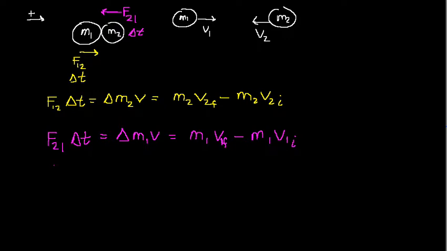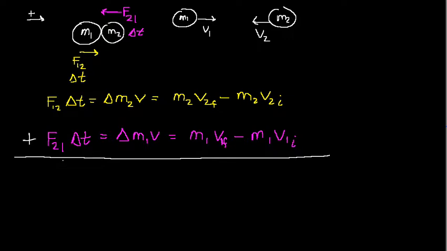So far so good. We looked at the force each ball experienced times the time it experienced it, and said that's its change in momentum. Now we want to add these two equations together.